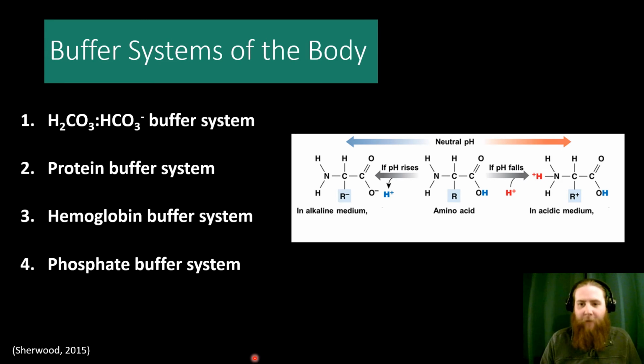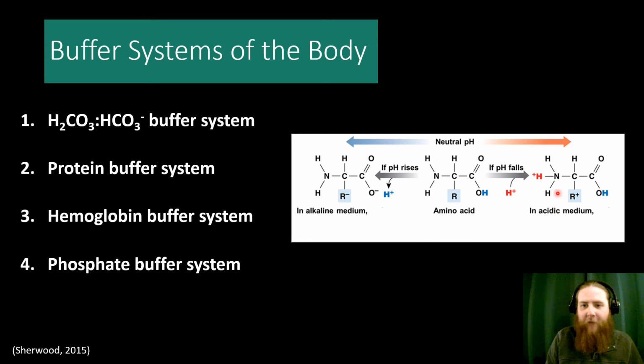Proteins are awesome buffers because they have both an amino group and a carboxylic acid group. They are themselves a nice little buffer. Each one of these amino acids has this nice area here that as pH rises or goes more towards the basic side, this hydrogen here will break off and create more hydrogen in the solution, which decreases the acidity and moves it back towards the baseline.